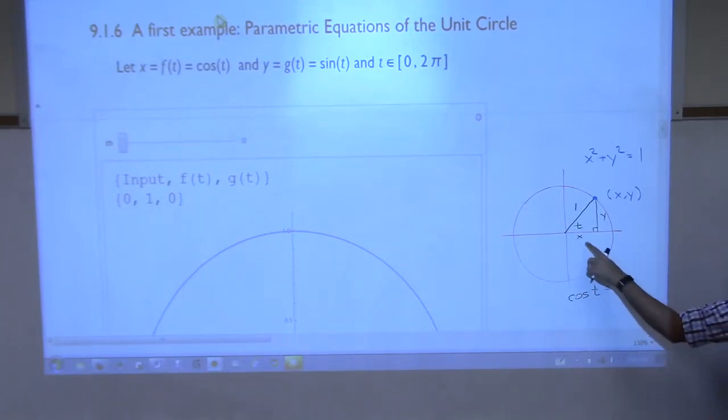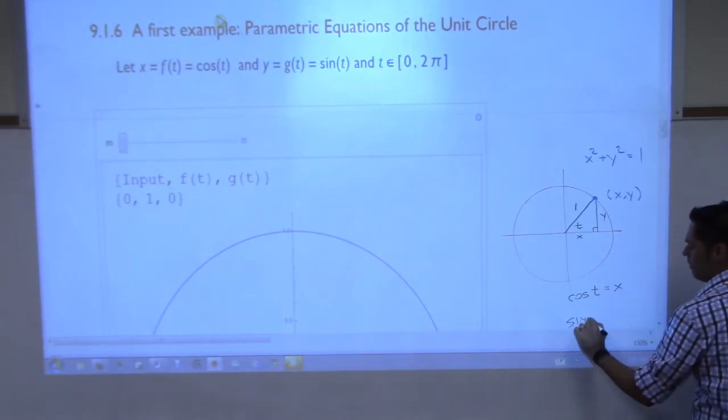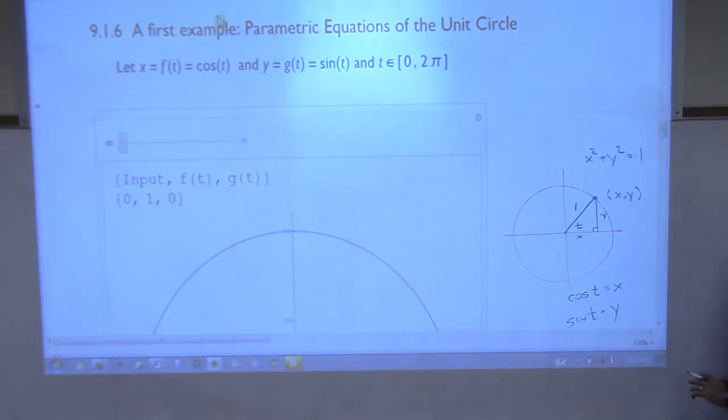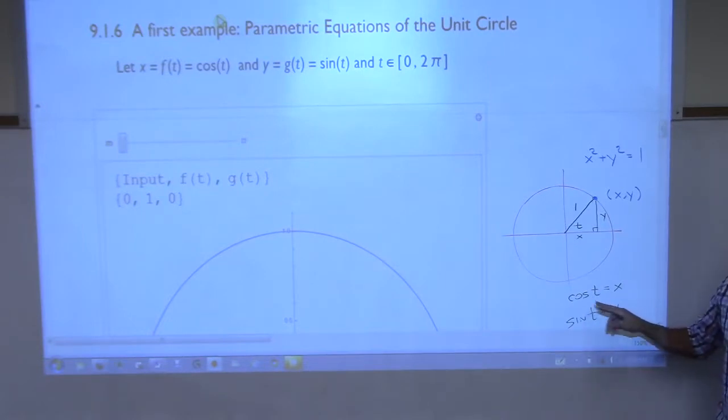Adjacent over hypotenuse, x over 1, which is x. And sine of t is y. So from that breakdown of the unit circle, I can define my x coordinate to be cosine t and my y coordinate to be sine t, and that should draw me the same thing.